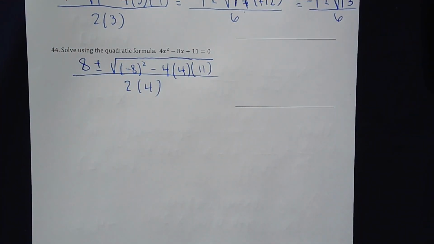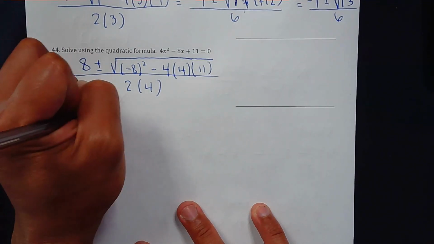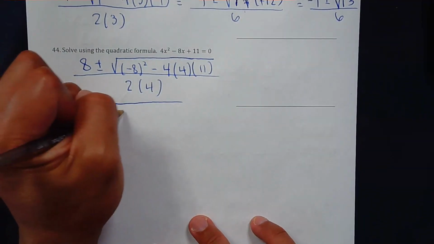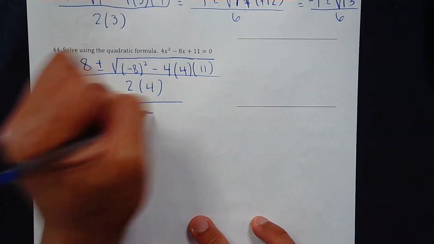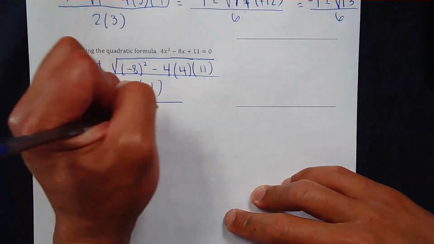All right, so simplifying the radical first, we have 8 plus or minus the square root of -8 squared gives us 64. Minus 4 times 4 is 11. 16 times 11 is going to be, what's 160 plus 16, 176.